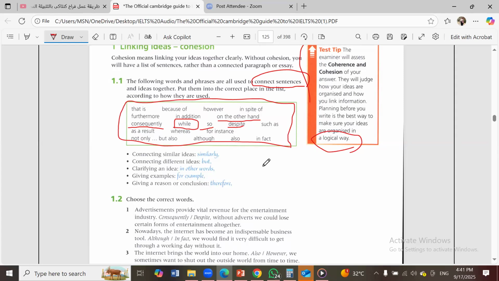Despite all the numerous or countless advantages of the internet, it has numerous disadvantages at the same time. Despite having many advantages, it also has disadvantages.